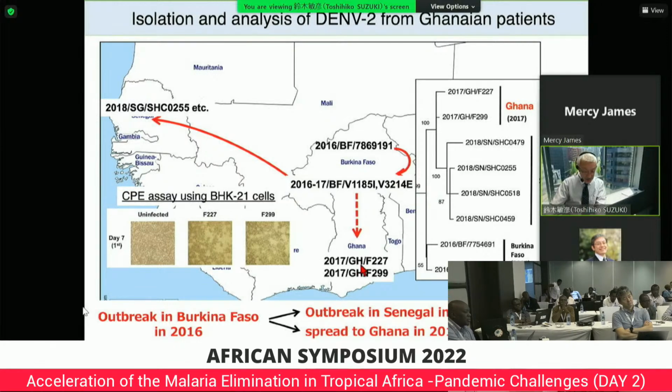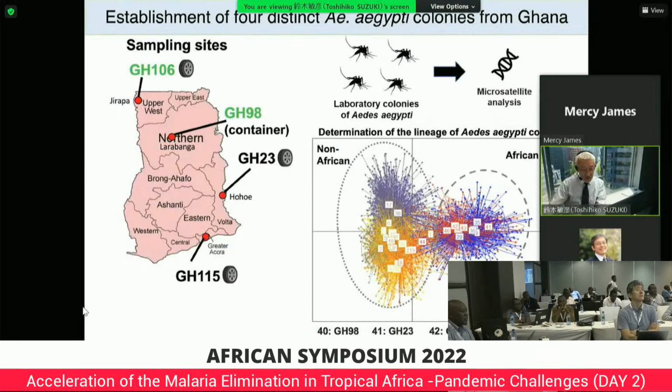In order to find out the reason, we focused on the features of the vector mosquito in Ghana. For isolation, Aedes aegypti colonies from urban, semi-urban, and two rural locations in Ghana were selected.